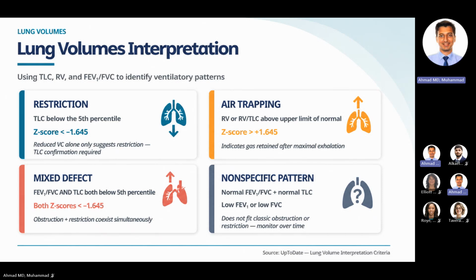What this means is on the spirometry, you have an FEV1/FVC ratio with a Z-score less than minus 1.645, and the forced vital capacity is low. And then you do lung volumes and the total lung capacity is also low. This individual has a mixed effect of both obstruction and restriction. And in an individual with air trapping, you can have a residual volume which is increased, greater than plus 1.645.